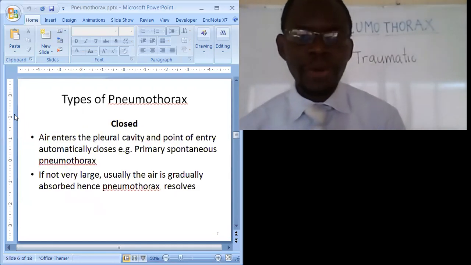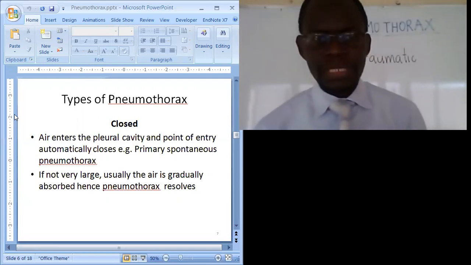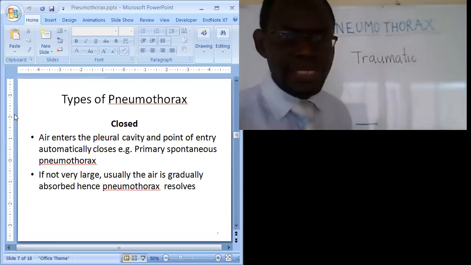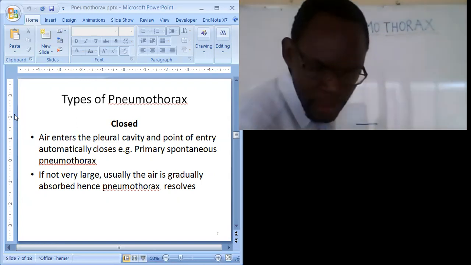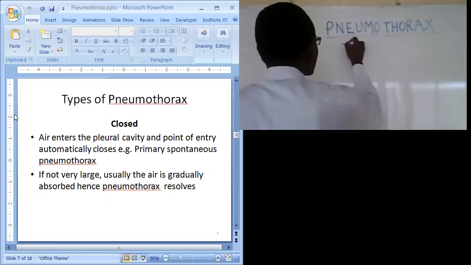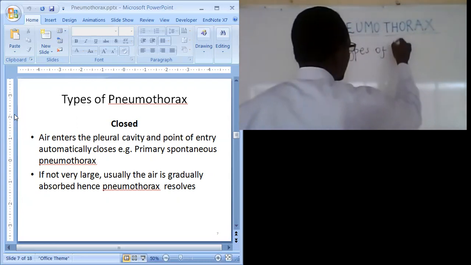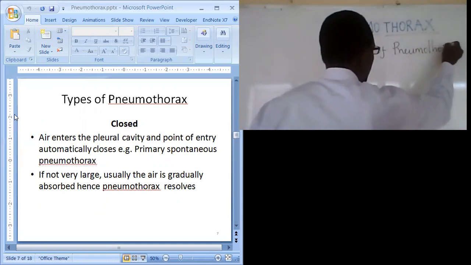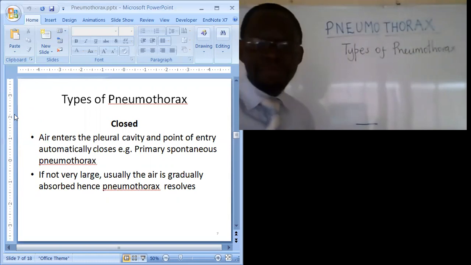Now, after talking about the mechanisms, we now want to talk about the types of pneumothorax. There are basically two types of pneumothorax.